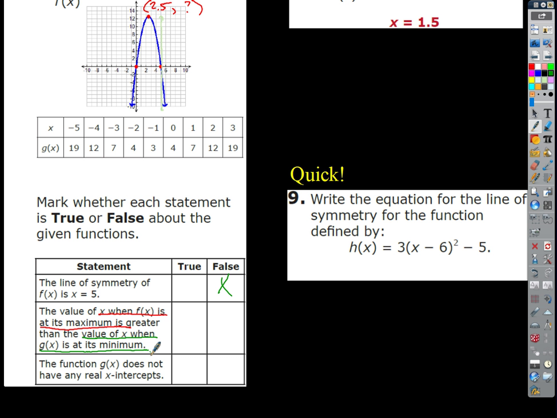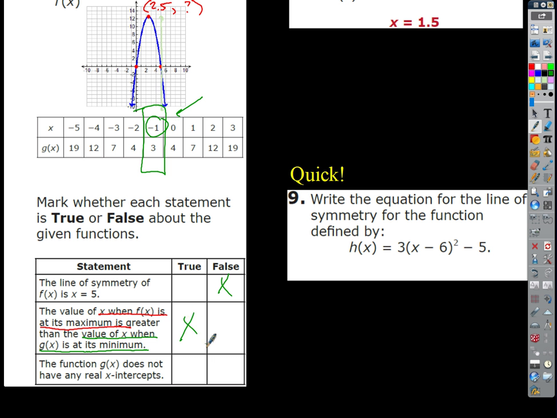Where is g of x at its minimum? There are the inputs, there are the values of g of x. It looks like 3 is the lowest y value, so that's going to be right there. Is 2.5 greater than negative 1? Yeah, so that's true.